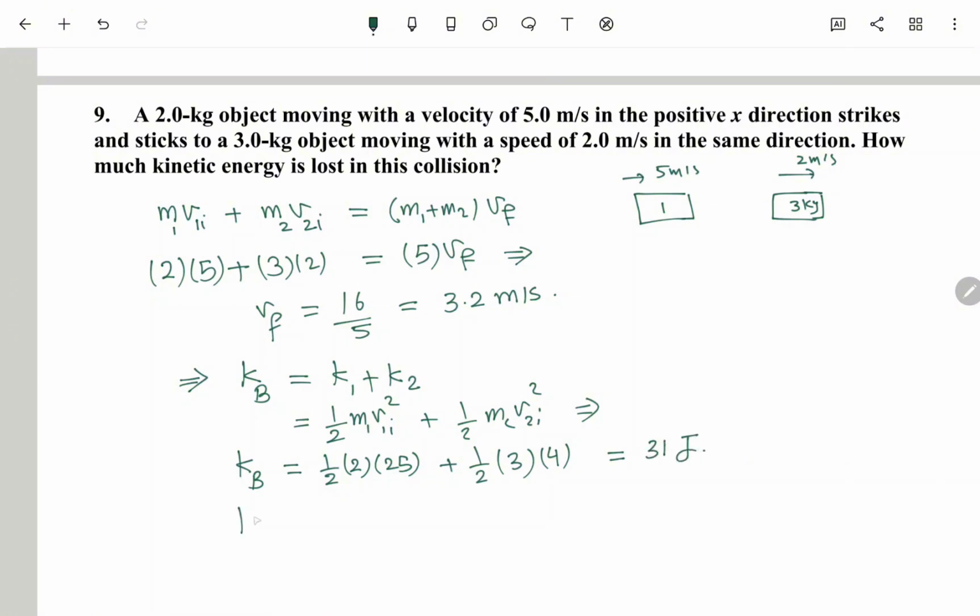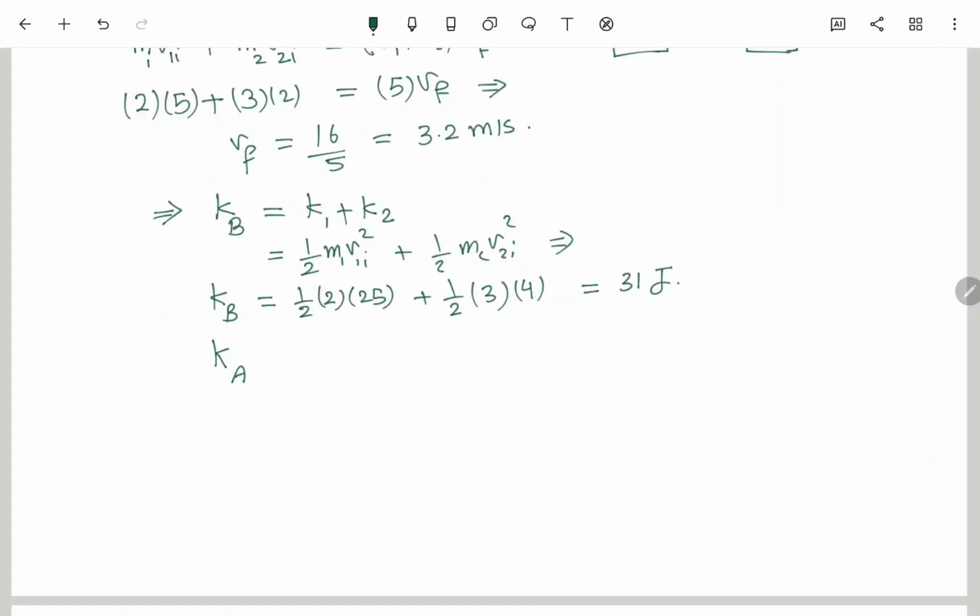Now, kinetic energy after the collision is equal to half M1 plus M2 times V final squared. You substitute this here, half times 5, which is 3 plus 2, times the final velocity we just calculated, 3.2 meters per second, squared.